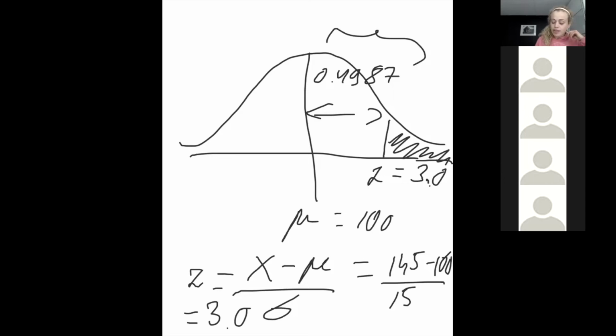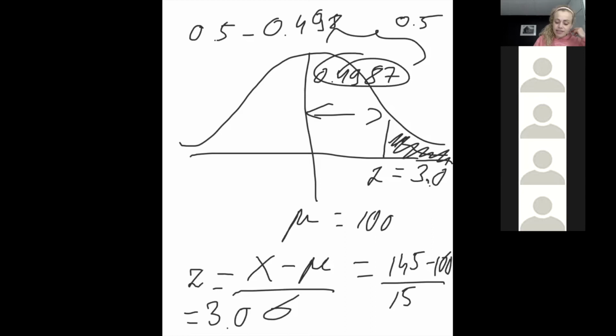So we want to calculate this area in the extreme, which will equal 0.5 minus this number. So 0.5 minus 0.4987, which will equal 0.0013, which will equal 0.13%.